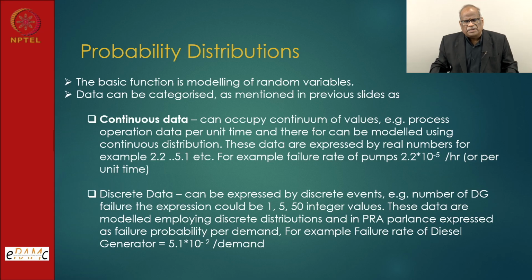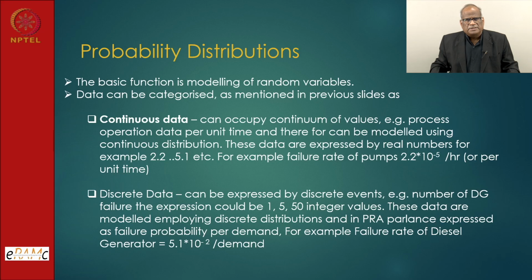And in actual practice also, let me assure you, in PRA modeling we mostly use the exponential distribution and the Weibull distribution. Weibull distribution we use for lifetime data estimates, and then the exponential distribution or log normal distribution. These are some 4-5 distributions we use, and if any situation comes, then we use those.